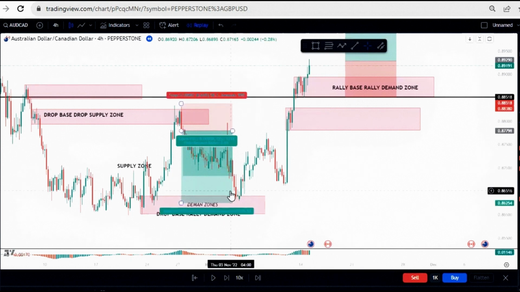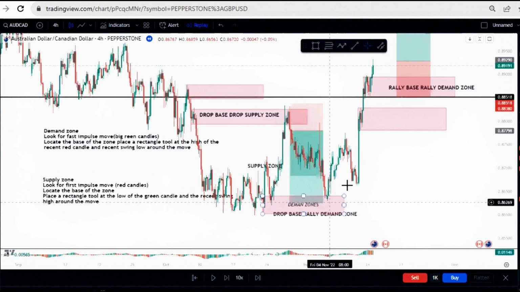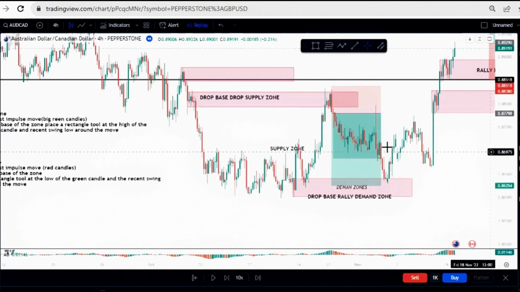We had a drop, the price tapped to this demand zone, then the price reversed and started to go up. So here we have a drop base rally demand zone.